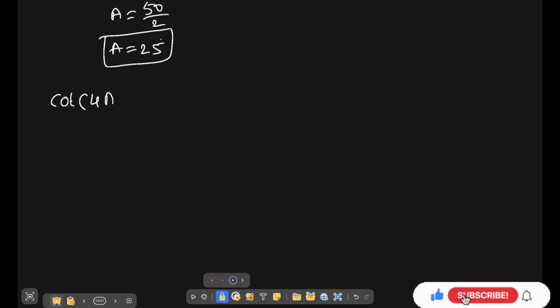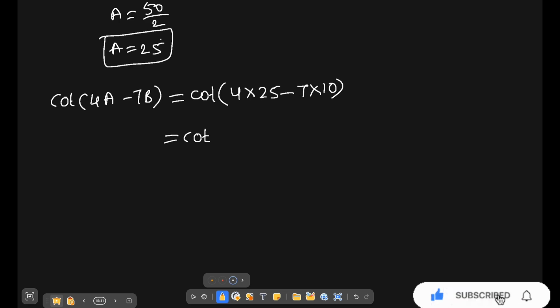Now cot 4A minus 7B. So cot of 4 into 25 minus 7 into 10. 4 into 25 is 100, and 7 into 10 is 70.